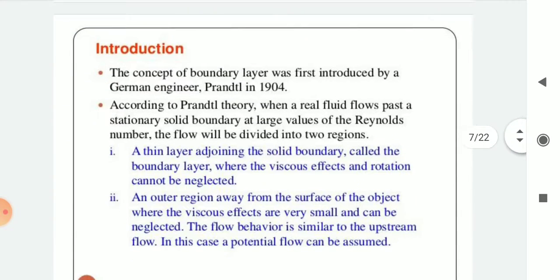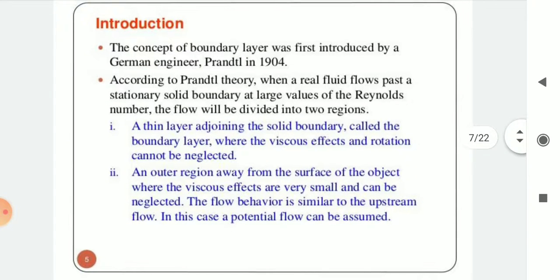The concept of boundary layer was first introduced by a German engineer, Prandtl, in 1904. According to Prandtl's theory, when a real fluid flows past a stationary solid boundary at large values of the Reynolds number, the flow will be divided into two regions.